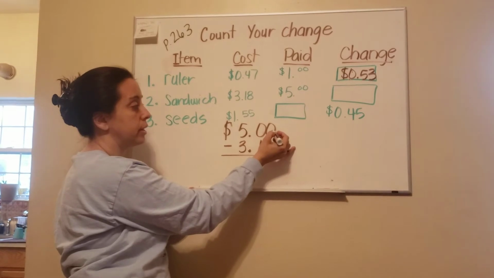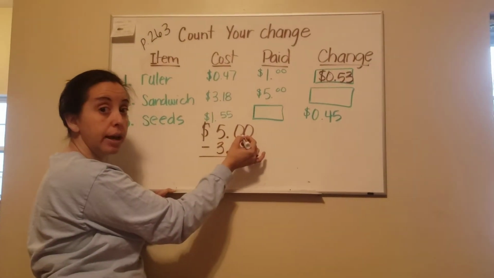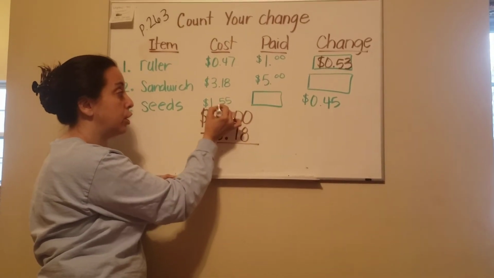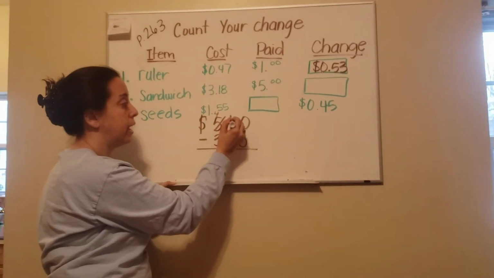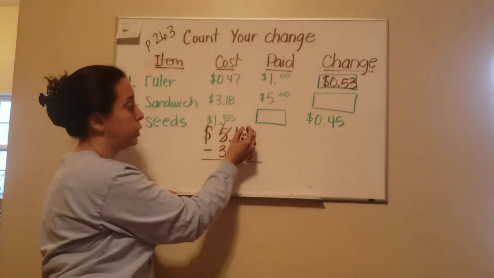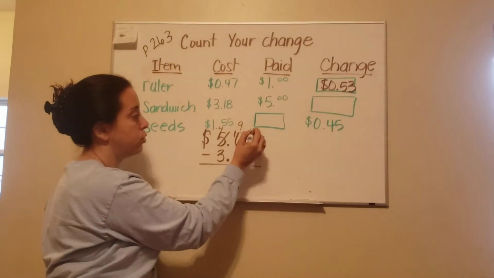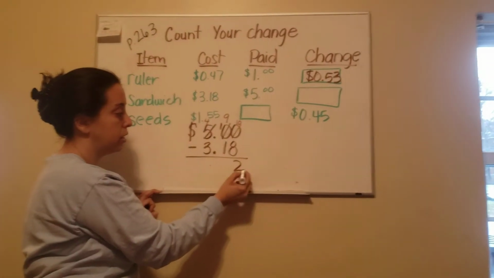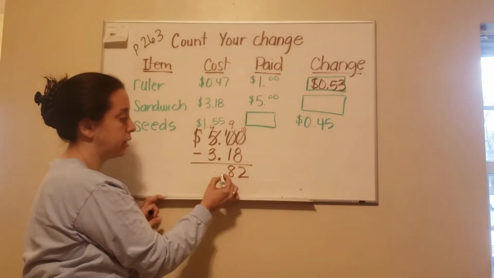So your hundredths does not have enough for you to subtract. So then you go to your tenths. Your tenths doesn't have enough for you to subtract. So now you have to go to your tens. This becomes a 4. Now you have 10 tenths, which now you can subtract and give it to your hundredths. So 10 minus 8 is 2. 9 minus 1 is 8.